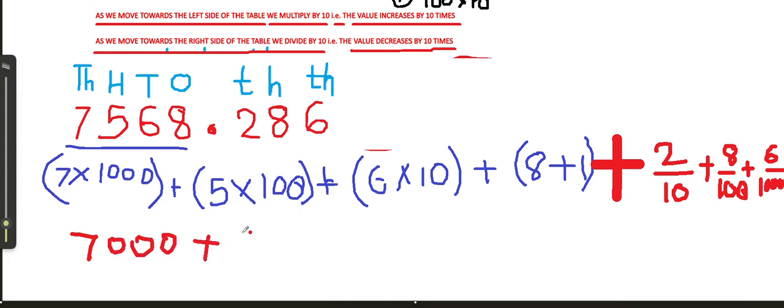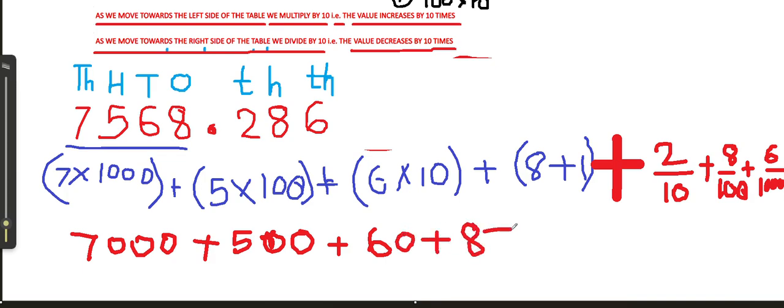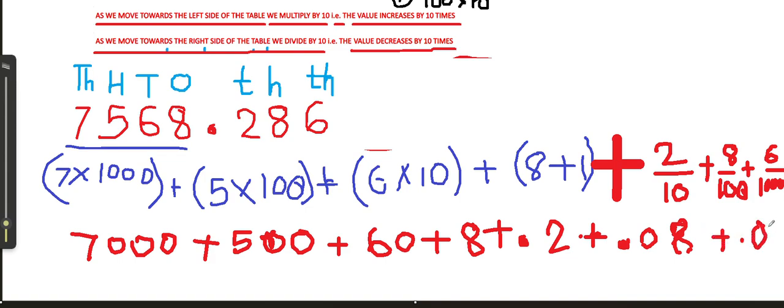7000 plus 500 plus 60 plus 8 plus 0.2 plus 0.08 plus 0.006.